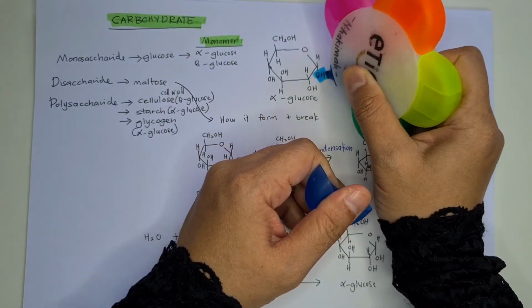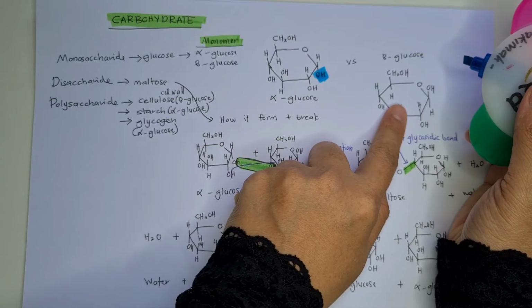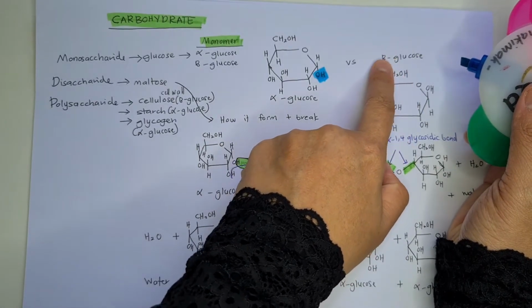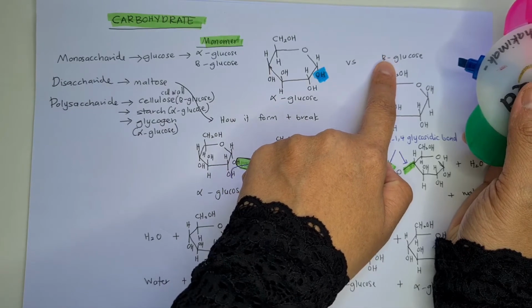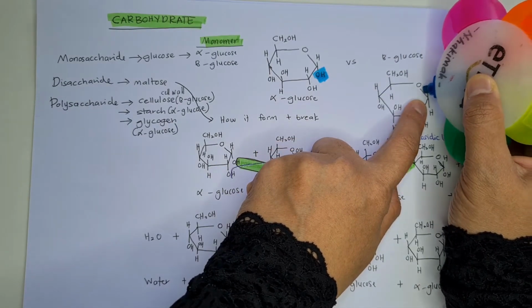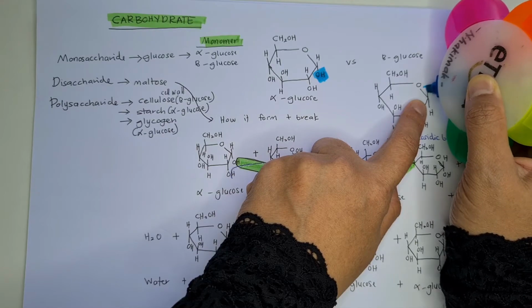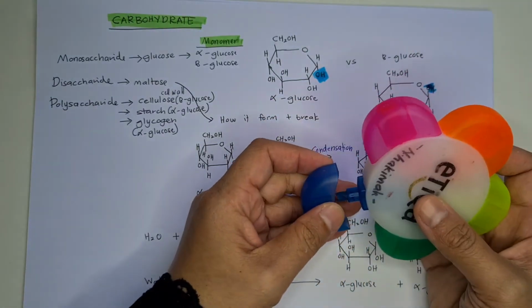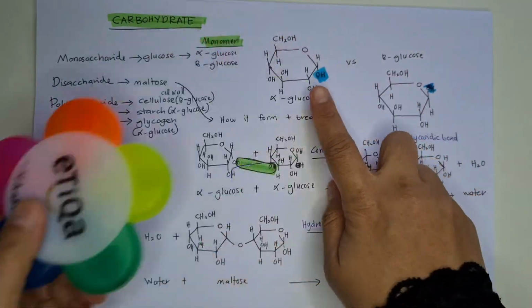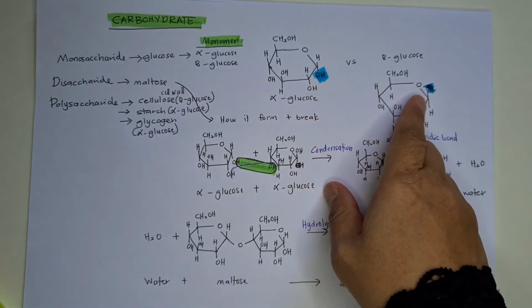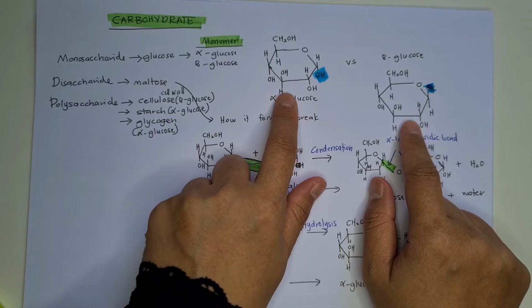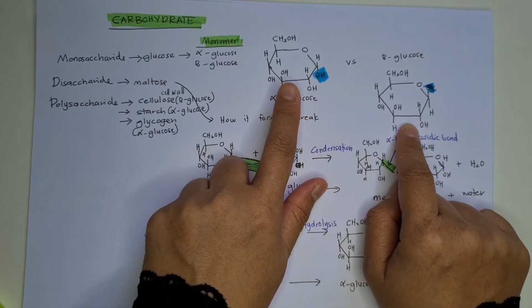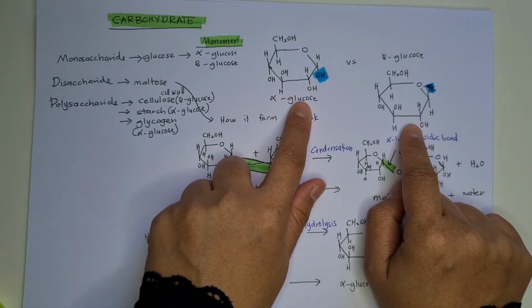So tengok ni, saya akan highlight. While for beta glucose, remember B for balloon, the balloon will release upwards, so the OH group is on top of carbon number 1. Right? So these are below the ring, these are on top, above the ring. Okay, these are the two differences between alpha glucose and beta glucose.